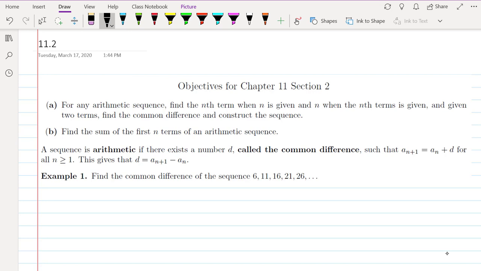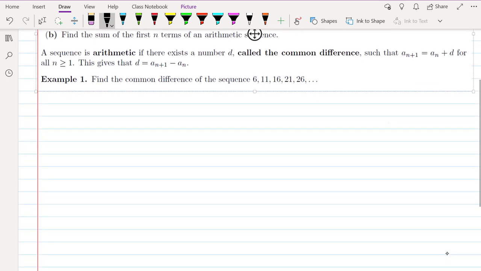A sequence is arithmetic if there exists a number d, called the common difference, such that a sub n plus 1 is equal to a sub n plus d for all n greater than or equal to 1. If we solve that equation for d, it says that a sub n plus 1 minus a sub n is equal to d.